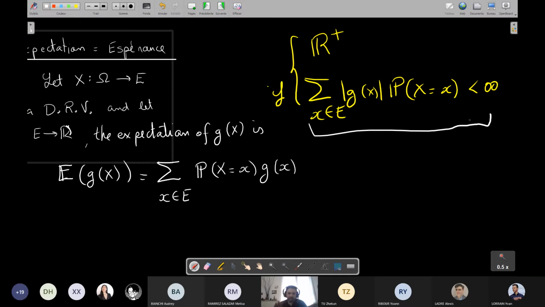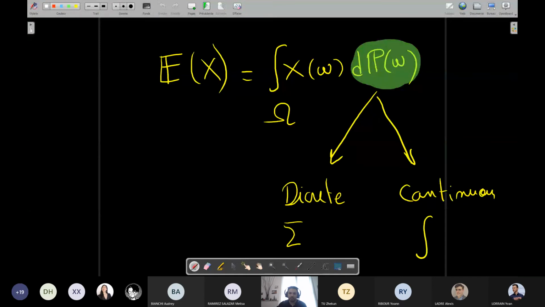Là ici, effectivement, ça peut avoir des valeurs négatives, mais si c'est à valeur négative, pour que l'espérance soit définie, il faut que cette somme converge. La raison de cela, c'est parce que l'espérance est une intégrale. The reason for that is that the expectation is in general defined as an integral.